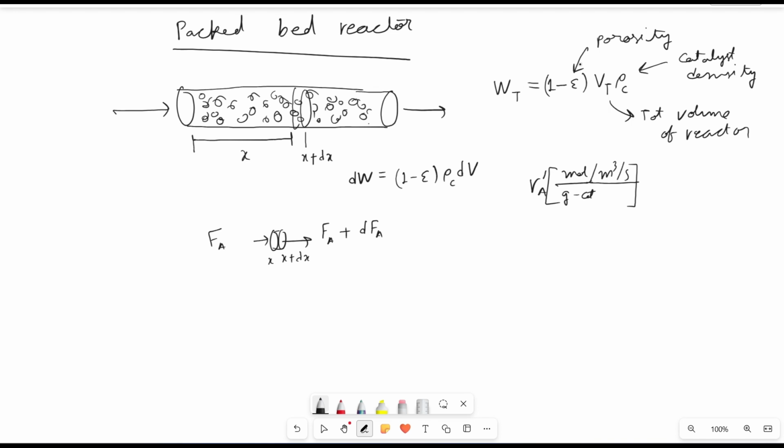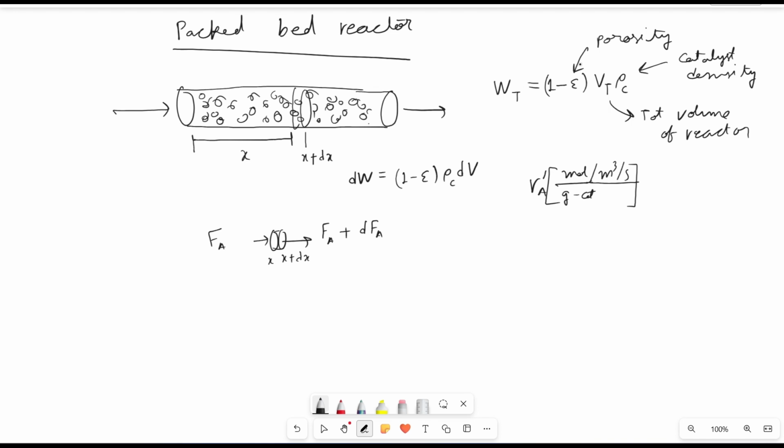This is just the rate of reaction in different terms. I can even write the rate of reaction per volume of catalyst, or per volume of the reactor. This is all the same. It only depends on how you want to express the rate expression. Now let me suppose the rate expression is in terms of per gram catalyst.